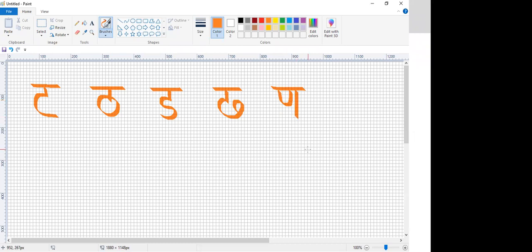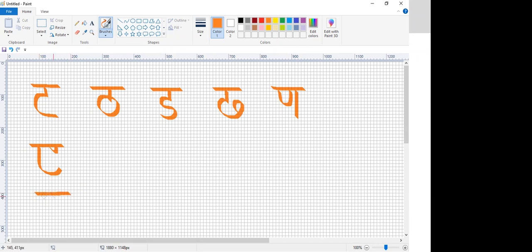Now, so how do I do it? We will do once again. Here, slight triangle, slight curved like this. So here I told you it's like a R type of thing.